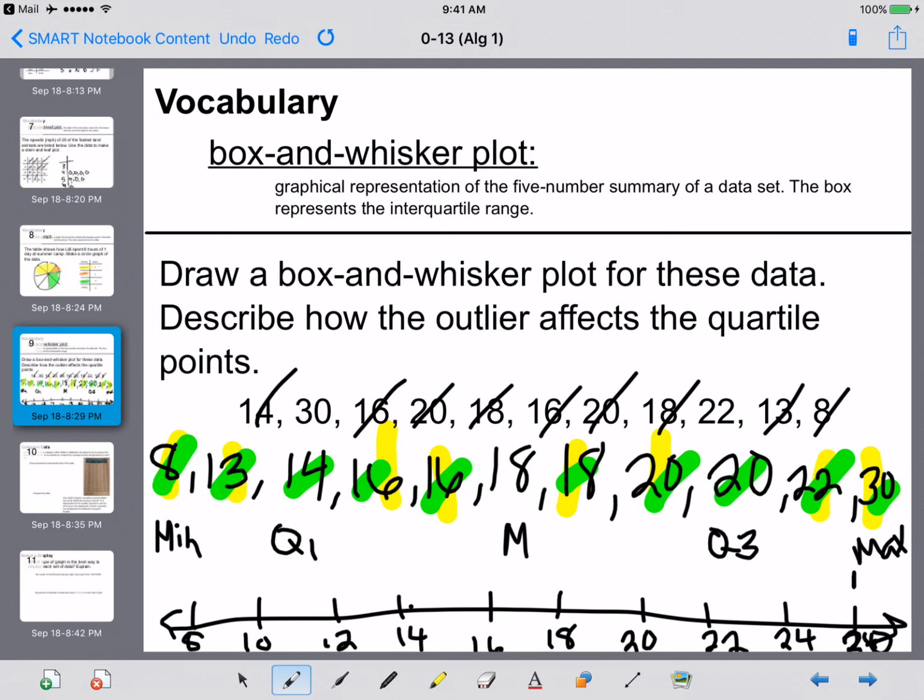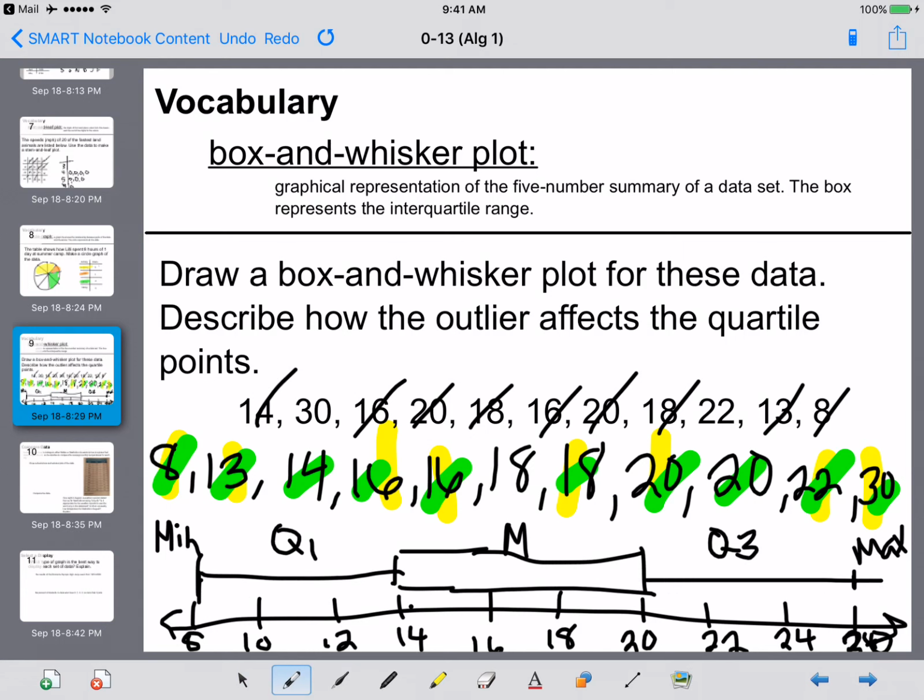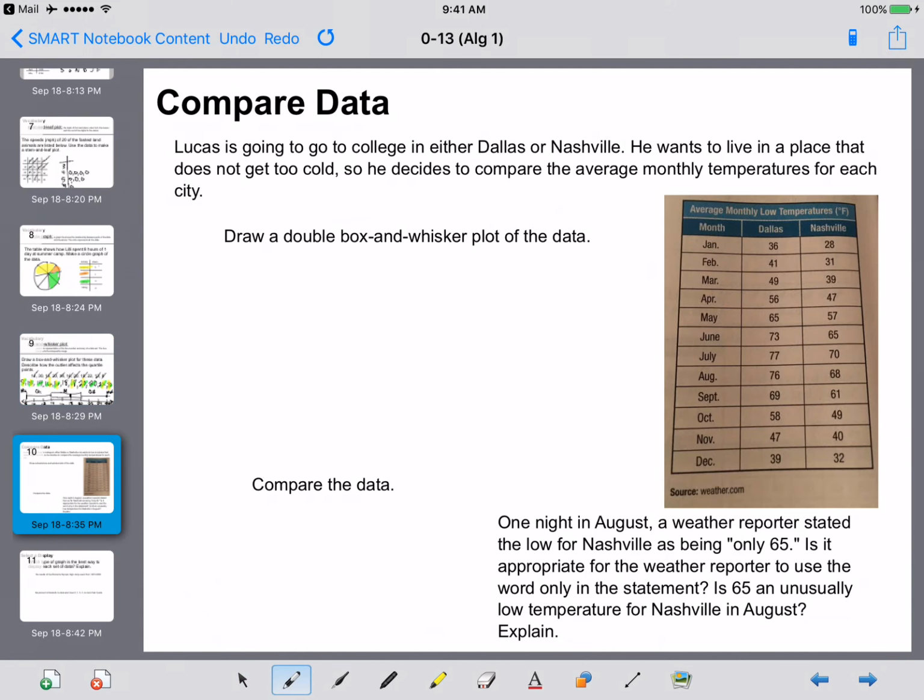So our max is one of our whiskers. Our min is one of our whiskers. Our quartile 1 of 14 is the outside of our box. Our quartile 3 of 20 is the other outside of our box. Our mins and maxes are connected. And then our median of 18 is a line inside of our box. So you can see the spread of your data this way.